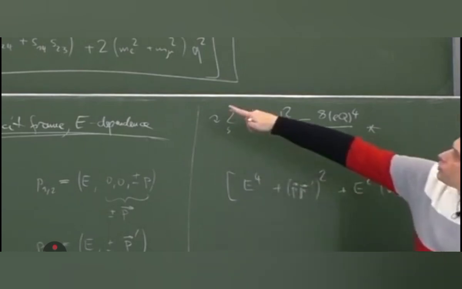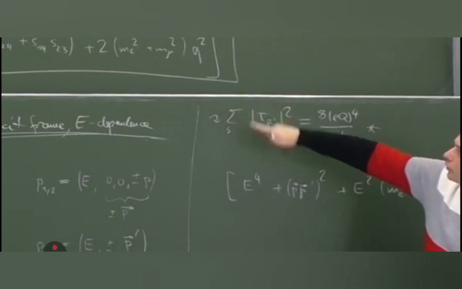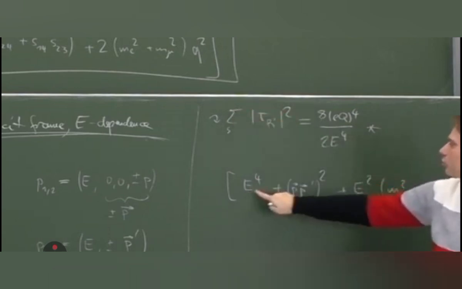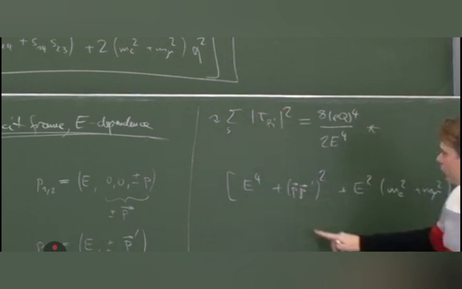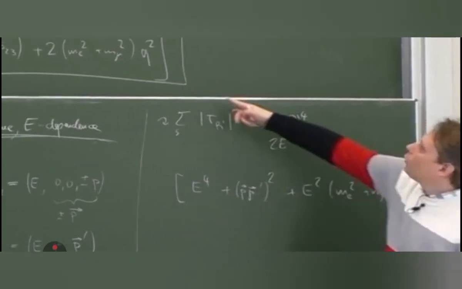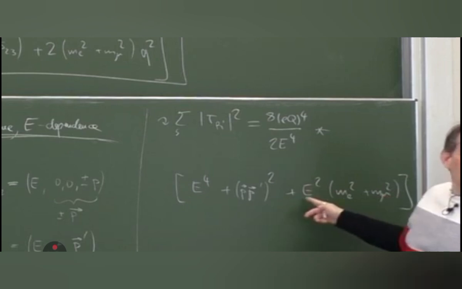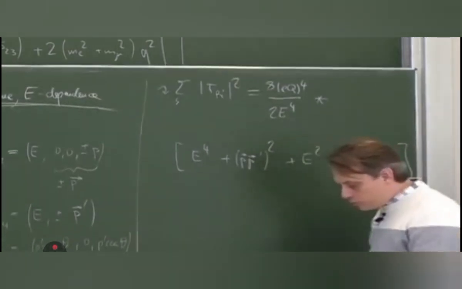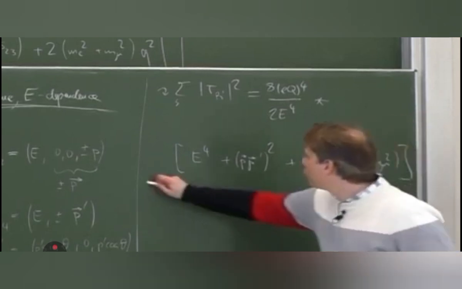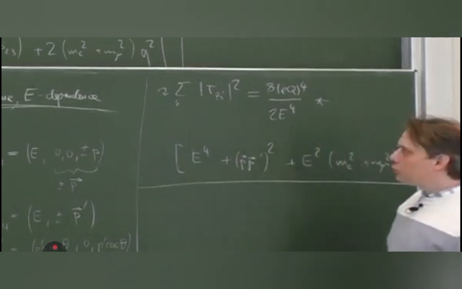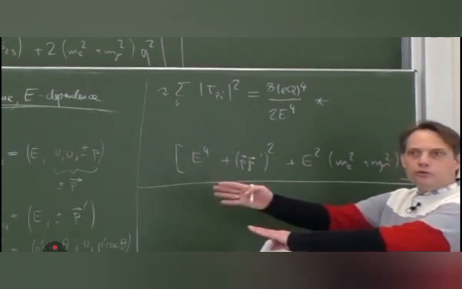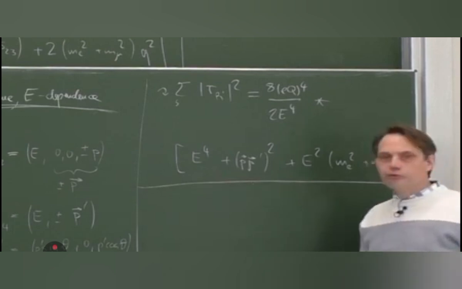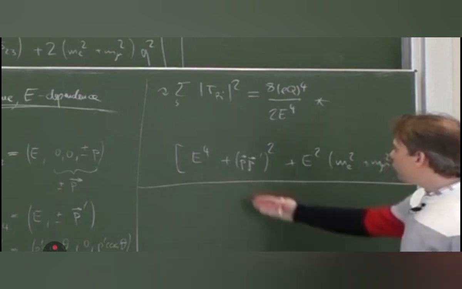And then, as we already saw, from this first term S13 square, S14 square, we get this, e to the 4 and the scalar product squared. The mixed term drops out, and the last term immediately gives us this. So it's directly possible to understand it. And this is now our still general result, only specialized to the reference frame, but it's valid for all energies and all angles.